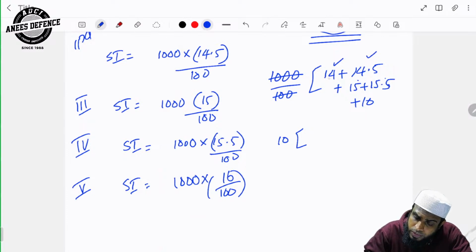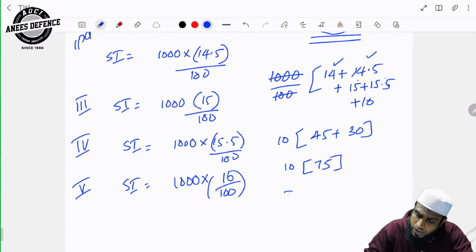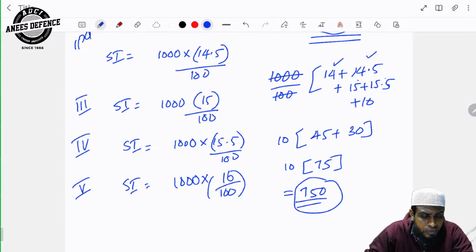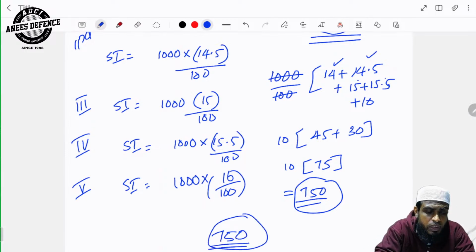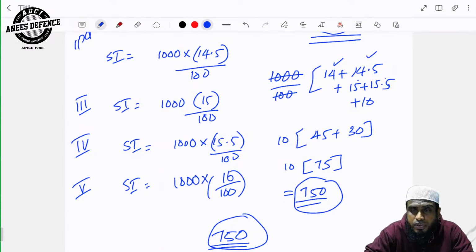So 16 plus 14 is 30, 30 plus 15 is 45, 14.5 plus 15.5 is 30. So 10 into 45 plus 30, 75. So the answer will be 750. After 5 years, the total interest will be 750, because here we have to calculate only based on simple interest.